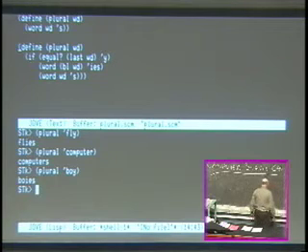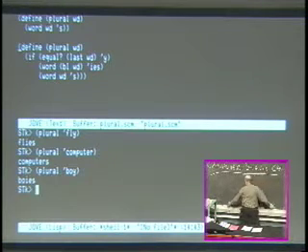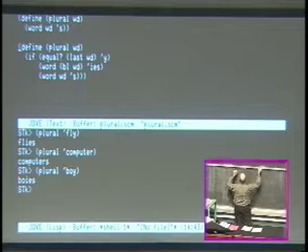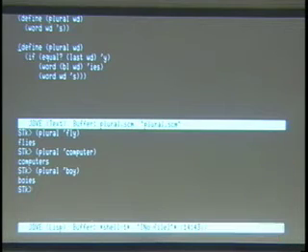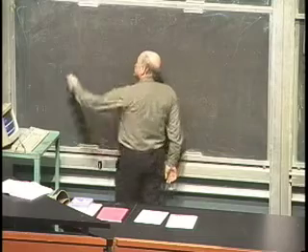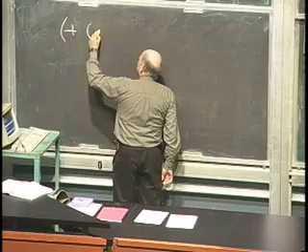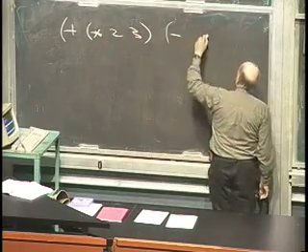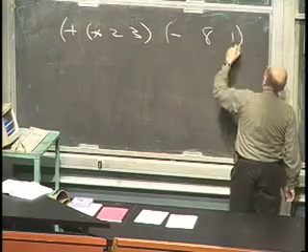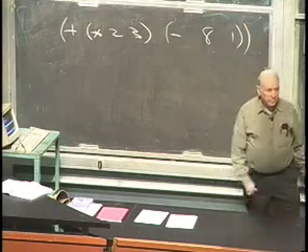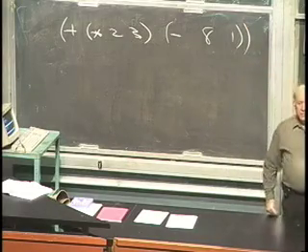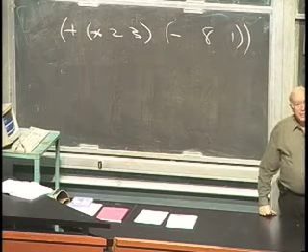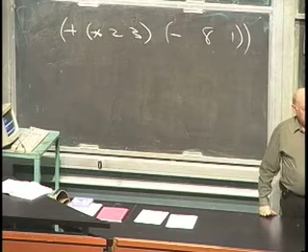Ordinarily, the way Scheme works, suppose you give a complicated expression like plus times 2, 3, minus 8, 1. Scheme computes this sort of inside out.